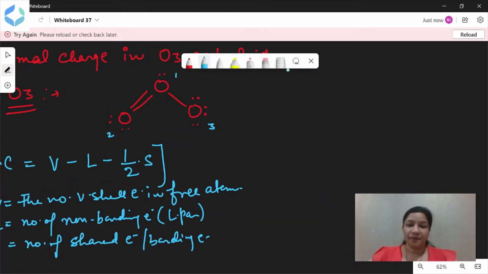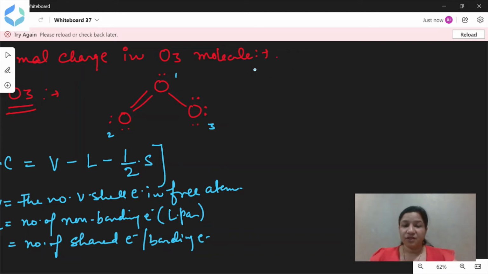Now let's see how we are going to find the formal charge on oxygen number 1. We have oxygen number 1 whose formal charge we are calculating. Formal charge is equal to, what is the number of valence electrons in an oxygen atom in the free uncombined state? That is 6, minus how many non-bonding electrons, you should not take pairs, you take electrons.